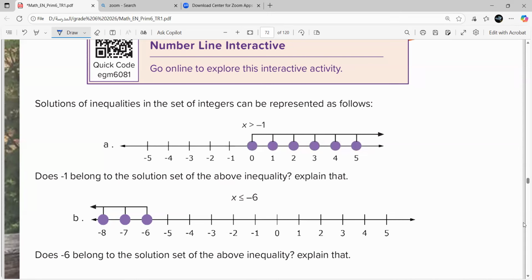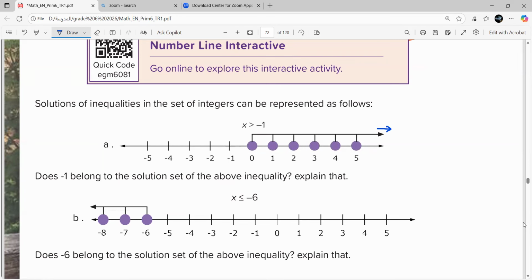So we can put a large dot like this at 0, 1, 2, 3, and connect them with a line and an arrowhead. The arrowhead extends without end to the right side, because x is greater than -1.